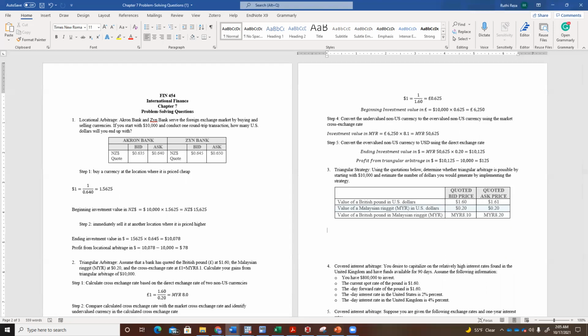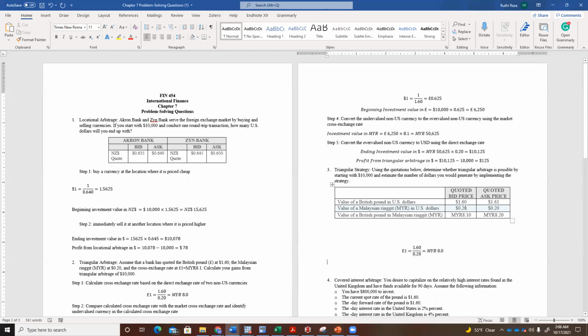Now, in that scenario, your cross exchange rate between pound and Malaysian ringgit is how much? 8. So each pound is equivalent to 8 Malaysian ringgit. Whereas in the market, each pound is equivalent to how much? 8.1 Malaysian ringgit.